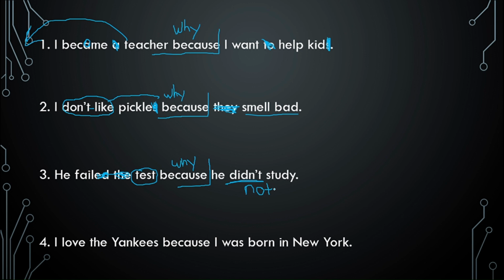Or didn't know, didn't like, didn't want. Okay? Negative goes at the end. And then he study not. Since this is a negative word, you would definitely shake your head for it. So altogether, it would be test, he fail, why? He study not.